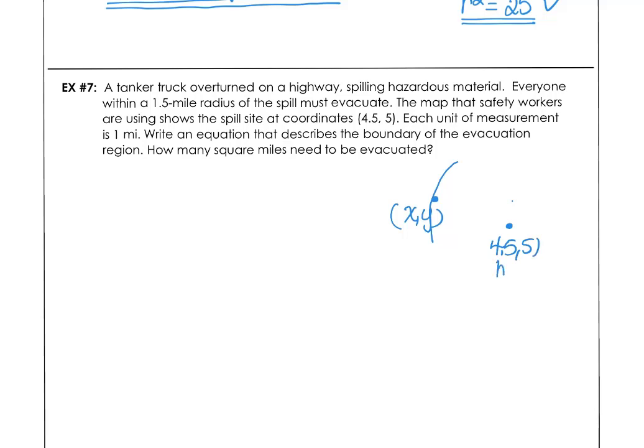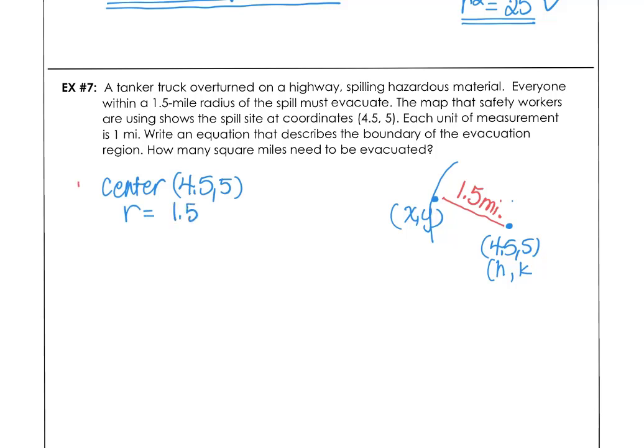So this is our h and our k, and we've got to have a circle whose radius goes along there, and they've told us that radius is 1.5 miles to the edge. So we're trying to write the equation of that circle. So we know that the center is at (4.5, 5), and we know that the radius is 1.5 miles.